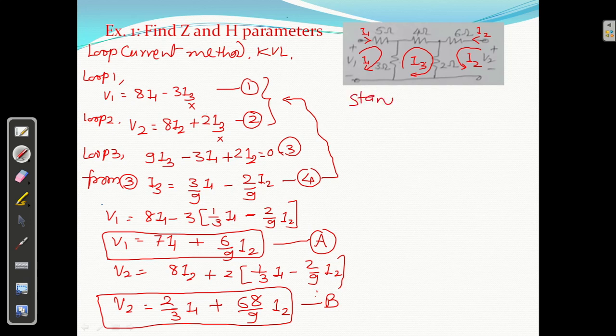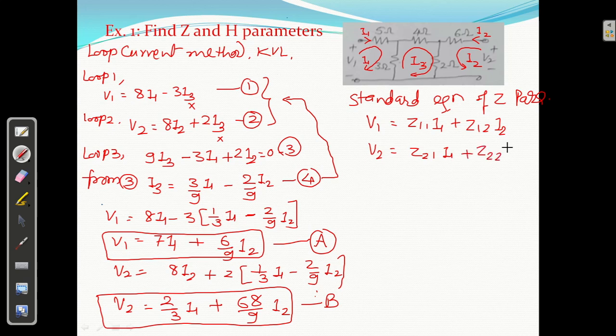Standard equation of Z parameter क्या है, v1 equal to z11 i1 plus z12 i2, v2 equal to z21 i1 plus z22 i2. So this is the standard equation, right? So I got the standard equation of Z parameter.